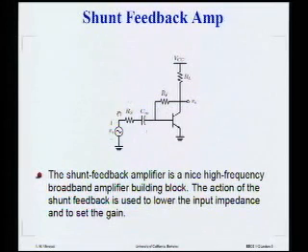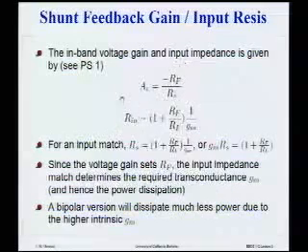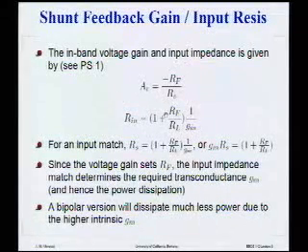So our input really should be a current, not a voltage. Of course, we could take a voltage input like this and do an equivalent transform to a Norton form, and it's an input current. If we do that, and you are going to do this in the first problem set, we find that the voltage gain of this amplifier is approximately minus RF over RS.